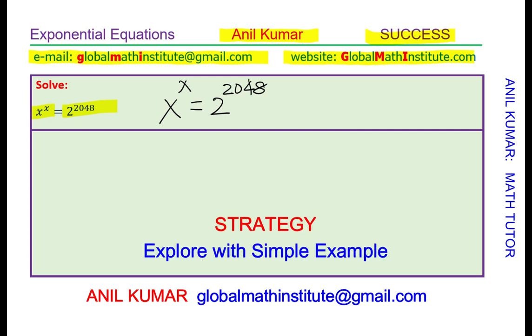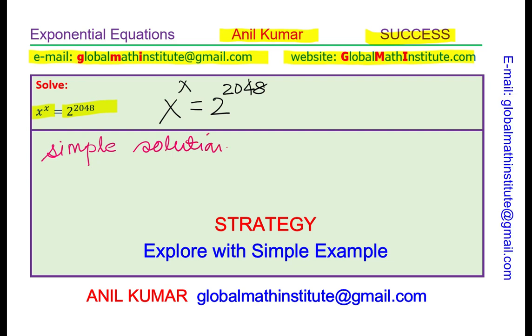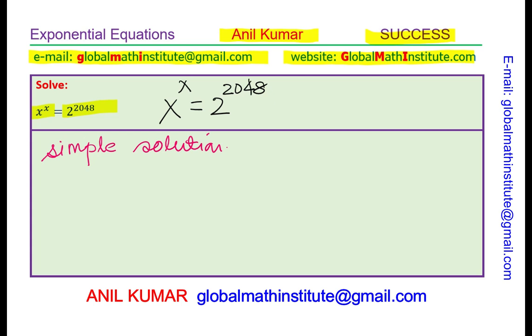So think about x to the power of x. Let's take a simple number. So let's simplify. That is our forte. We always start with very simple things to understand the logic behind complicated things.